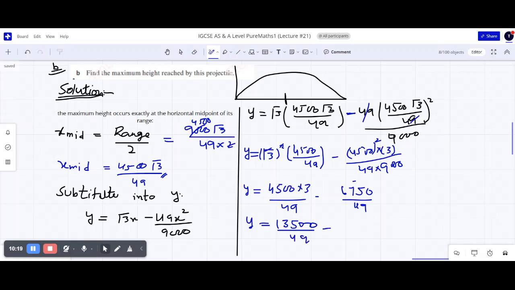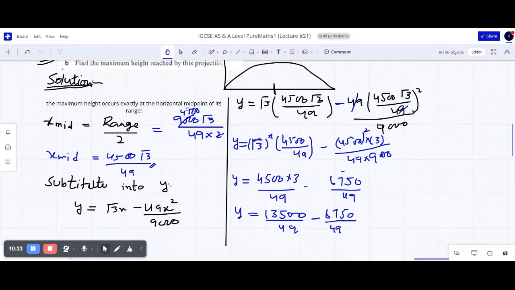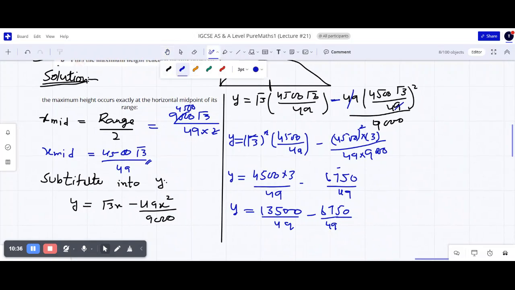When the denominators are the same, we can write it once, taking the LCM: if the denominators are the same, write once, and subtract the numerators. So y equals again 6750 over 49.